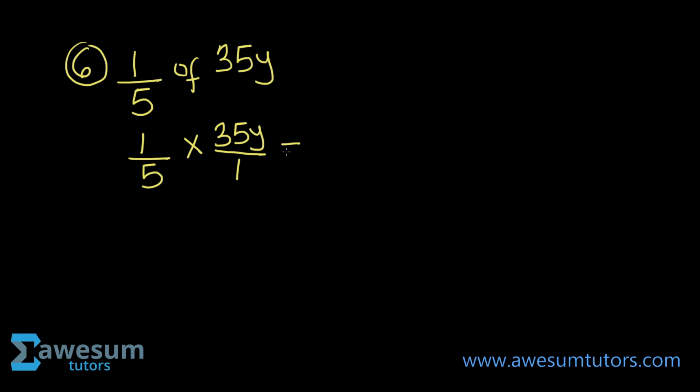So I can rewrite this by saying this is 1 times 35y, which is the same thing as 35 times y, over 5 times 1.